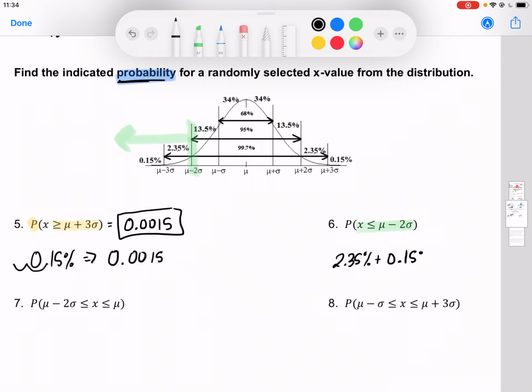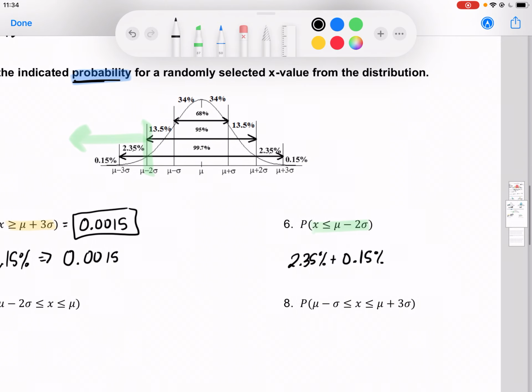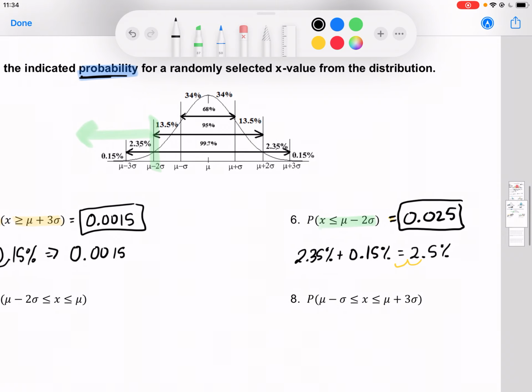So we'll find the percent. If you add those two together, you get 2.5%. And then just remember, you need to move that over twice to find your probability. And you get 0.025 as your probability for that one.